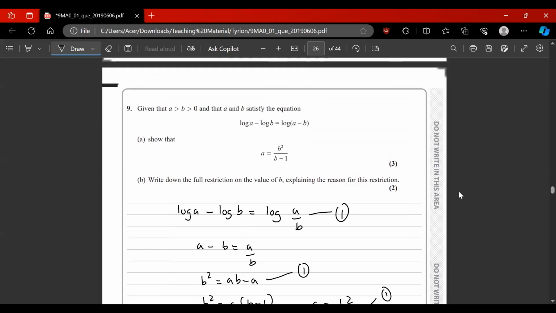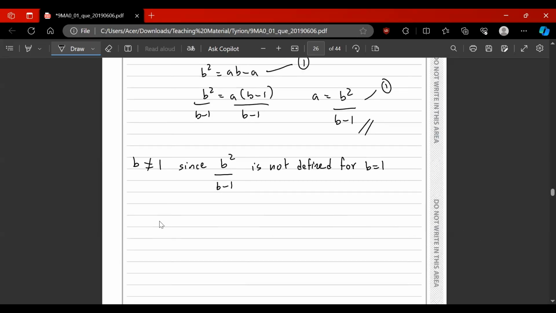And remember that here it says a is greater than b and greater than 0, right? So if a is greater than 0, and remember b² over b minus 1 is a, so we can then write this as b² over b minus 1 greater than 0. And so in order for this to be true, because remember, b² is always going to be positive, the denominator here has to be positive as well.